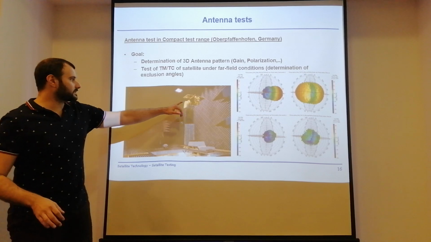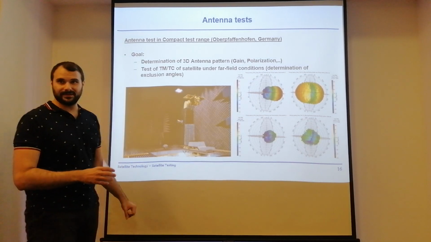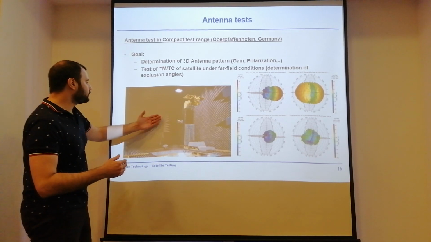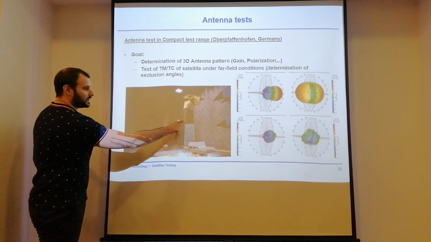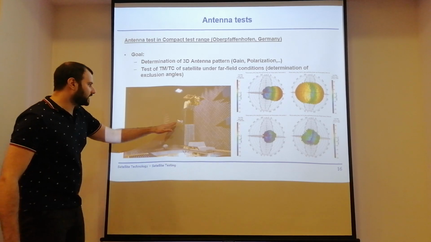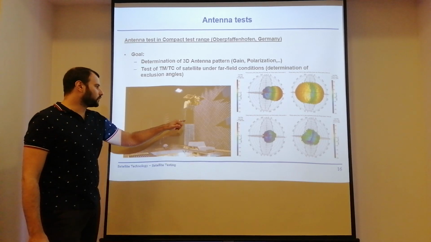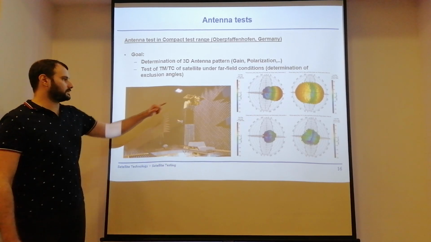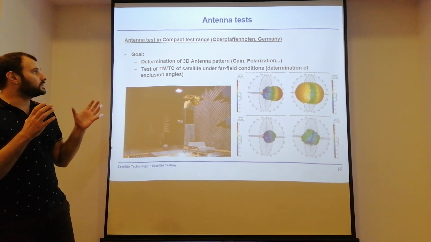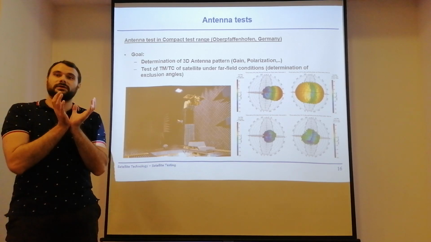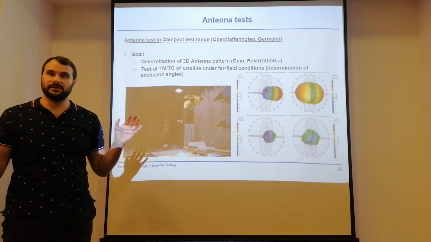So this is actually the first time that Flying Laptop was flying. And you have two mirrors, one mirror here and one mirror there, and a test antenna up there to communicate via those two mirrors with the satellite. And the compact test range is used to simulate far field conditions, although you're still in the near field.